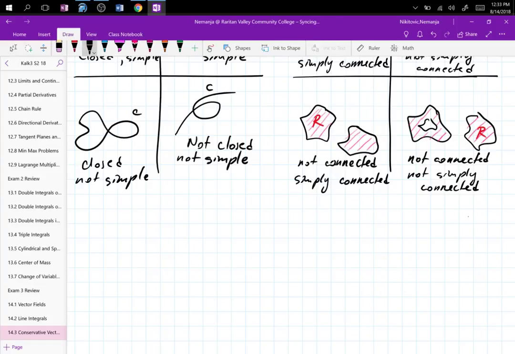So we start with the definition for conservative vector field.